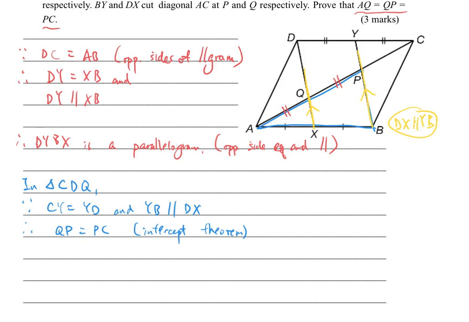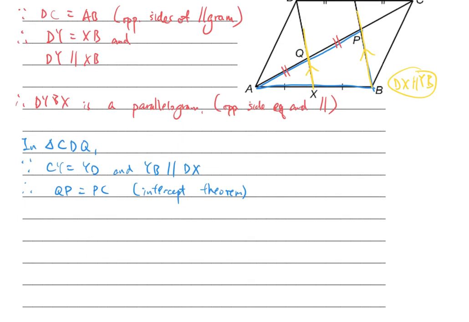Then we go to another triangle, that is triangle ABP, and we also know that AX equals XB, and also XQ is parallel to BP. So as a result, AQ equals QP, also by the intercept theorem.